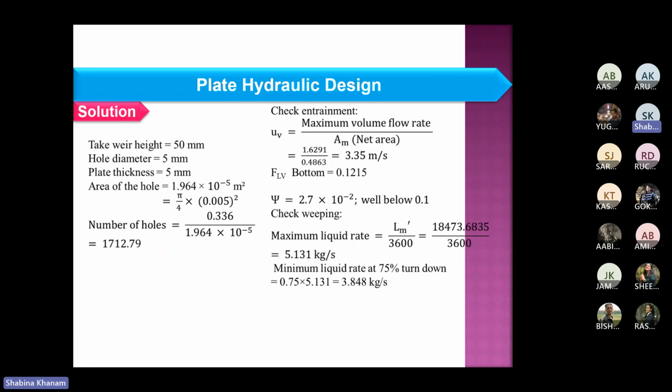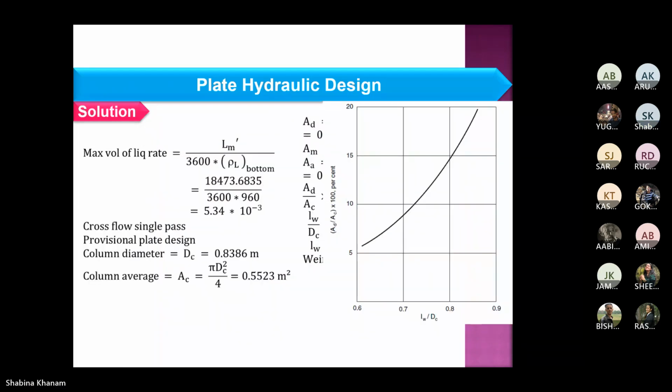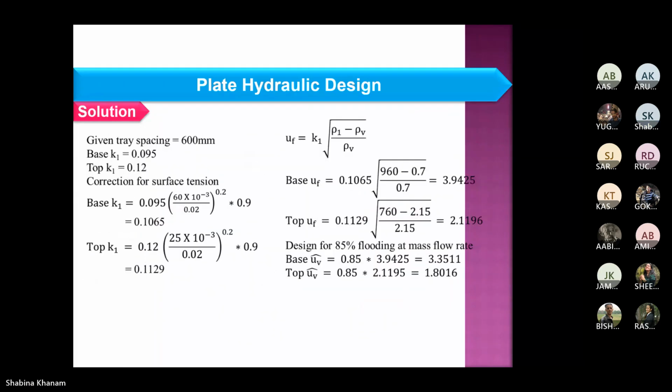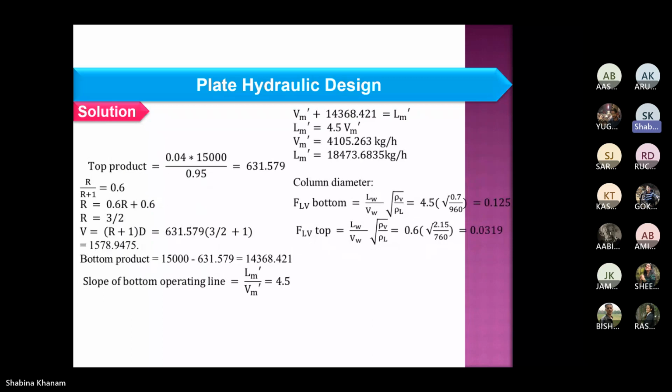Next, we need to find out for entrainment, and entrainment maximum velocity by net area, that you can find like 3.35, and FLV is coming as 0.1215. FLV from where you have taken? I hope it is clear to you.